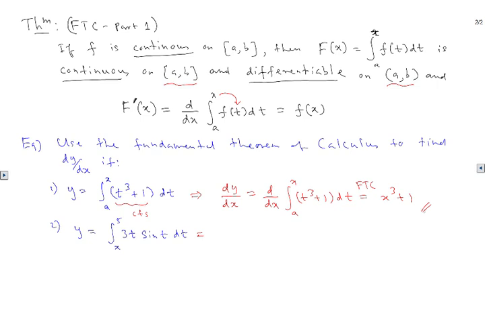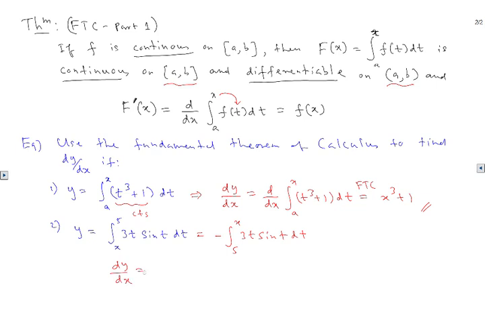Okay, so here, first I'm going to get it in the right format. So it is the negative, and I'm going to write pi to x of 3t sin t dt. Now we can see it's in the right format. So now we can find the derivative. So we can say dy by dx, not dy by dt.